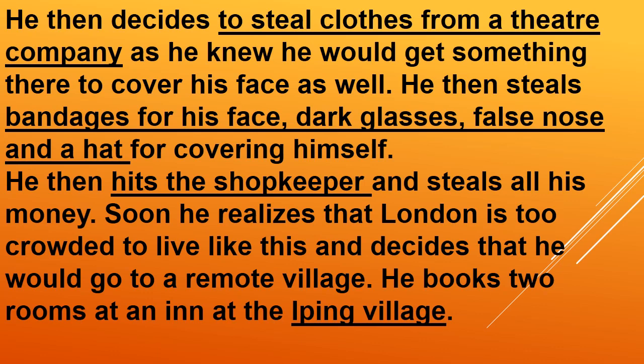Soon he realizes that London is too crowded to live like this and decides that he would go to a remote village. He books 2 rooms at an inn. Inn means a small hotel at the Iping village.